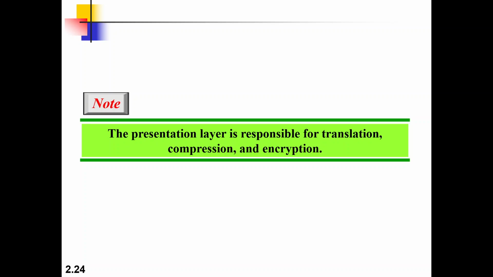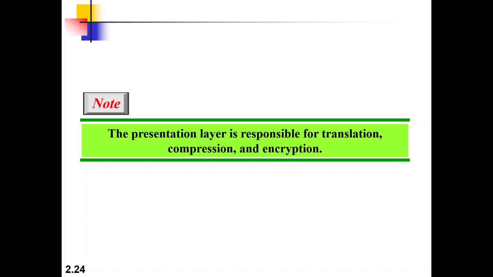The presentation layer is responsible for interoperability between these different encoding methods. The presentation layer at the sender changes the information from its sender dependent format into a common format. The presentation layer at the receiving machine changes the common format into its receiver dependent format.